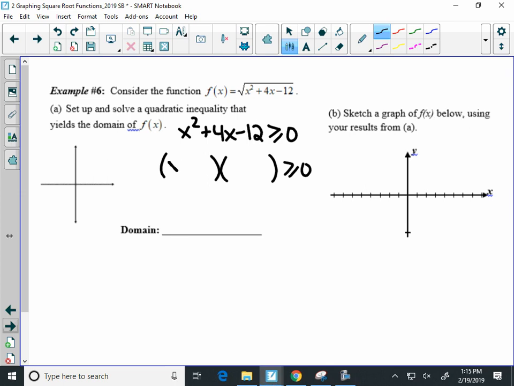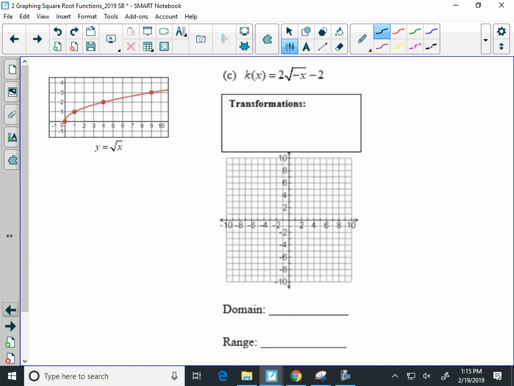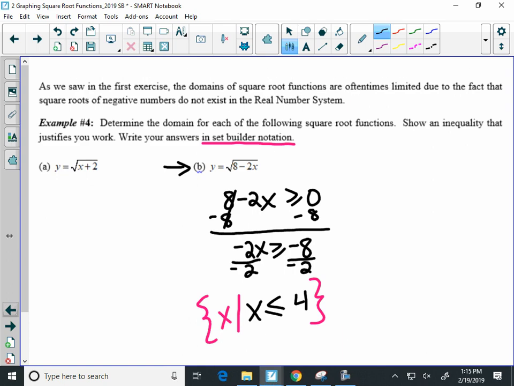6 and negative 2. So x plus 6, x minus 2. All right, that's good. What do I get from that factored form? I get a root at negative 6 and 2. But here's the thing. My domain that I've been looking at in this last problem up here was written as an inequality.